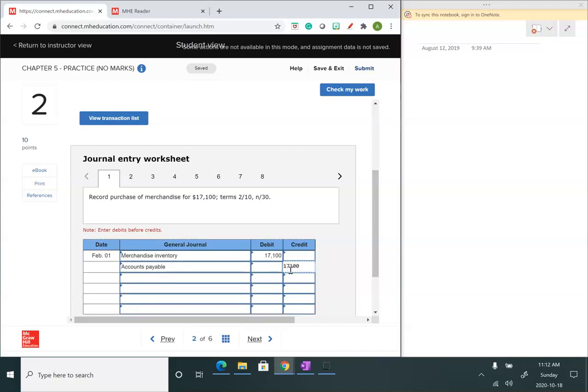And just on this side, I'm just going to open up accounts payable.